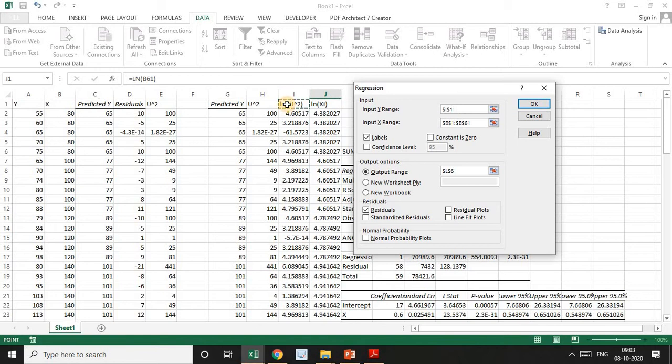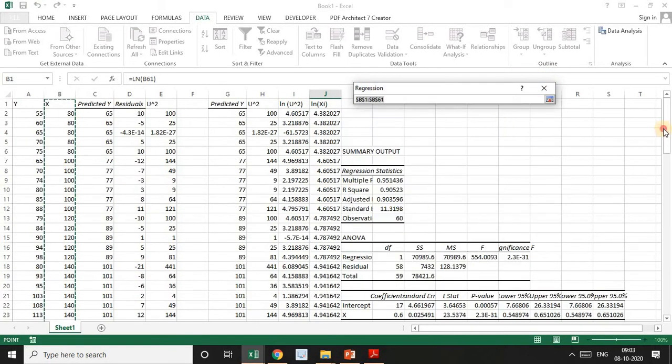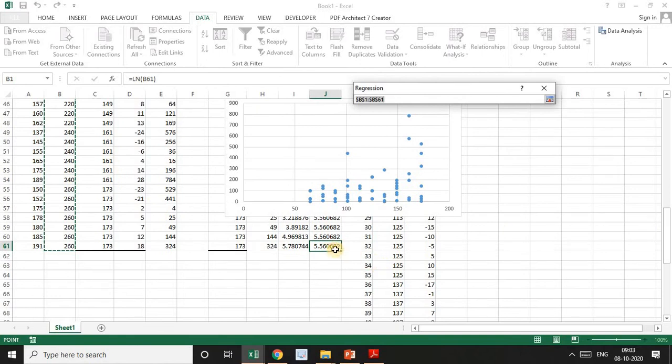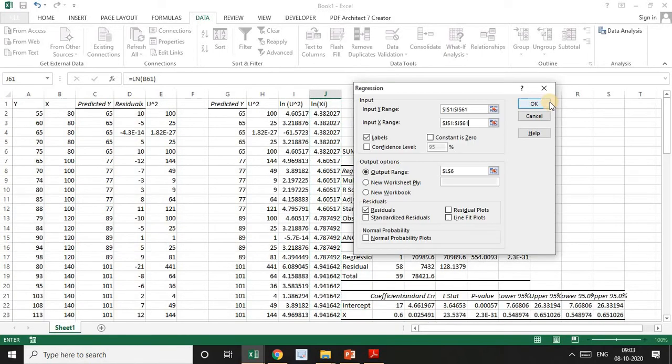This is the dependent variable, and this is your independent variable. Go to OK, label. Now we don't need residuals. Okay, new worksheet.